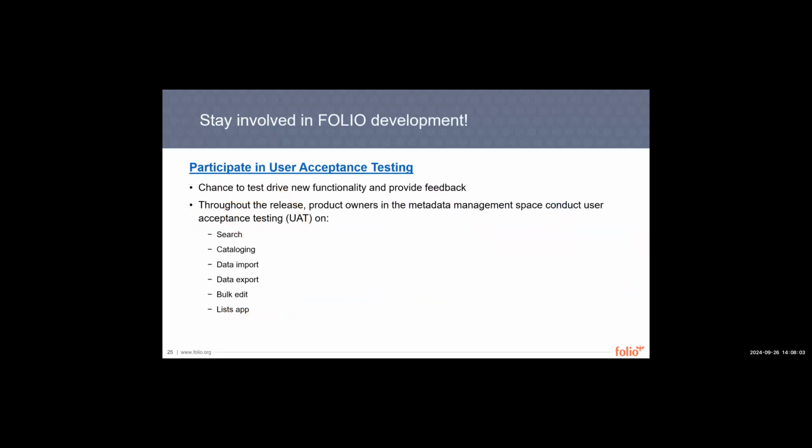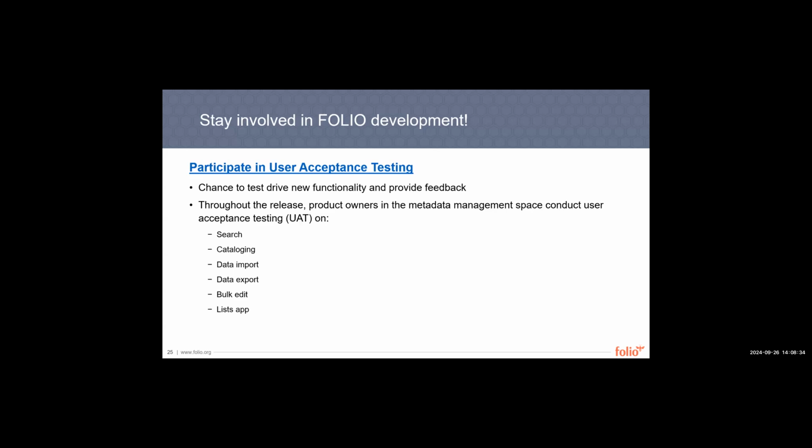So how do you stay involved in all of that? A really great way to do that is to participate in the user acceptance tests, or UATs. This is a chance to test drive new functionality, submit your feedback that helps us perhaps implement important enhancements, or really importantly, helps us identify issues so we can fix them before the functionality is released.